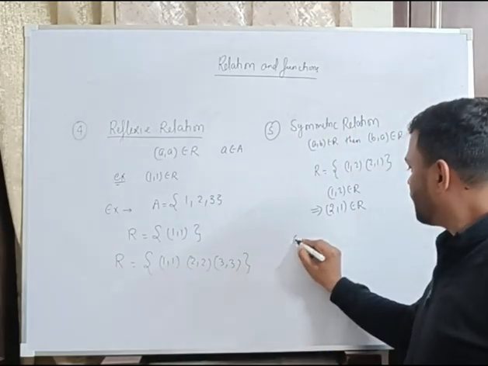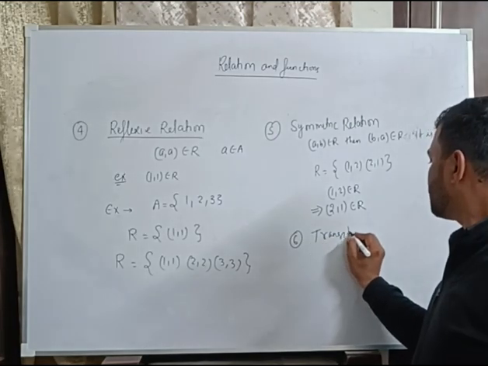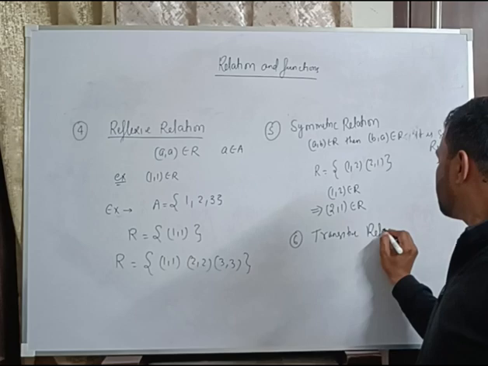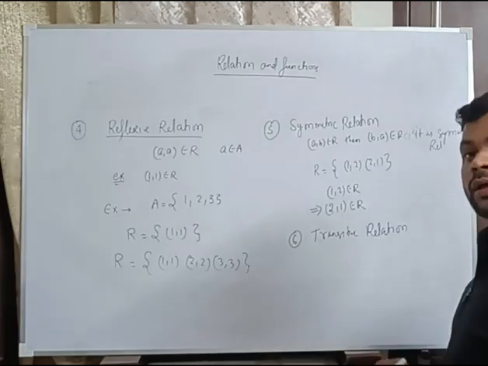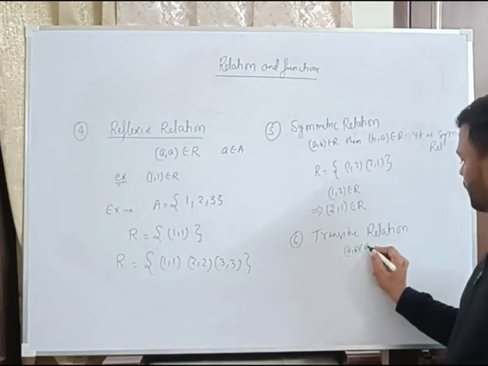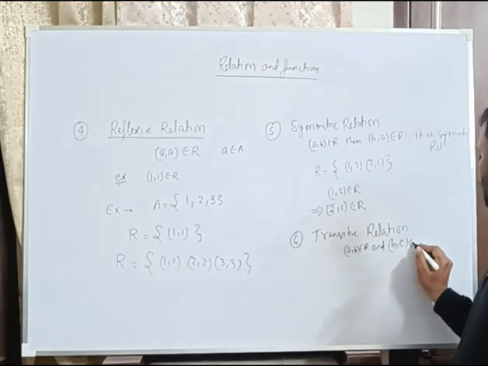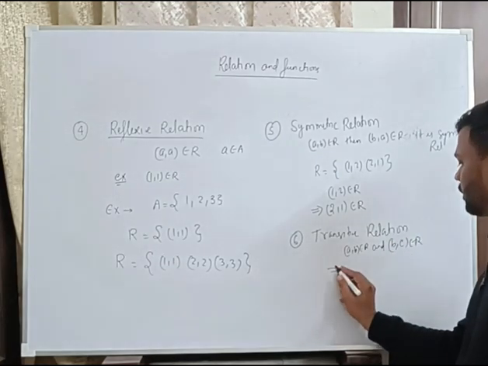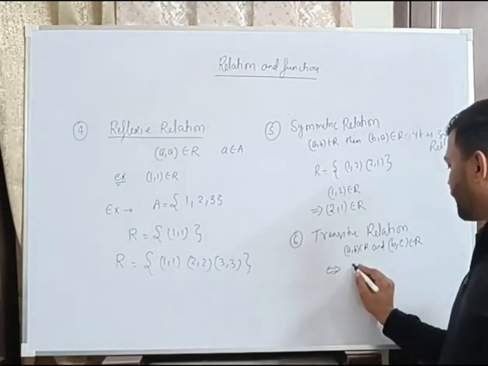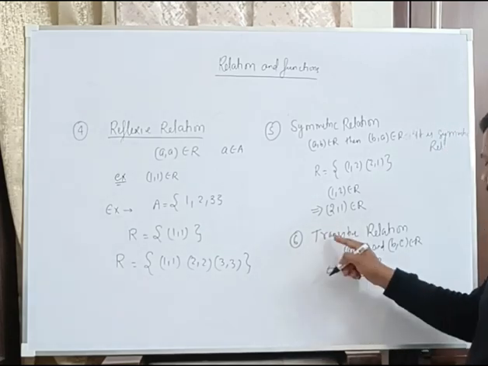The last one is transitive relation. In this relation, suppose a comma b belongs to R and b comma c belongs to R. If and only if a comma c belongs to R, then it is a transitive relation.